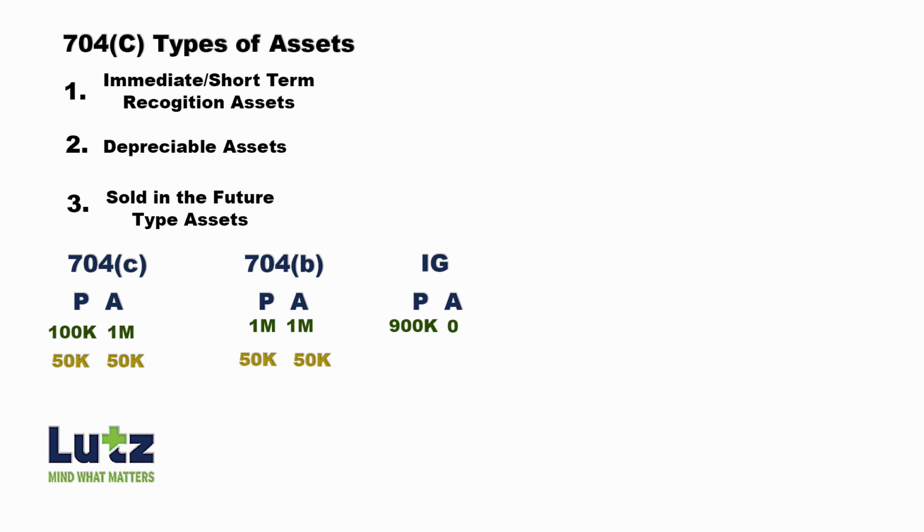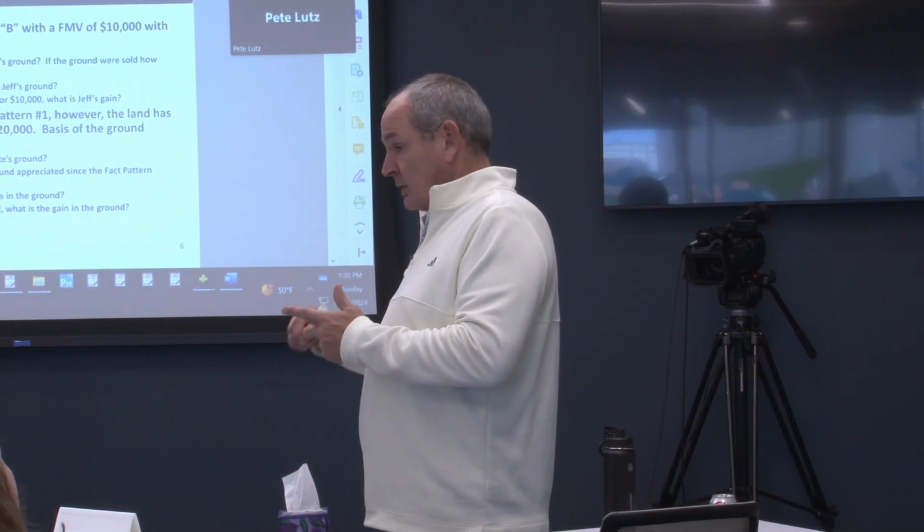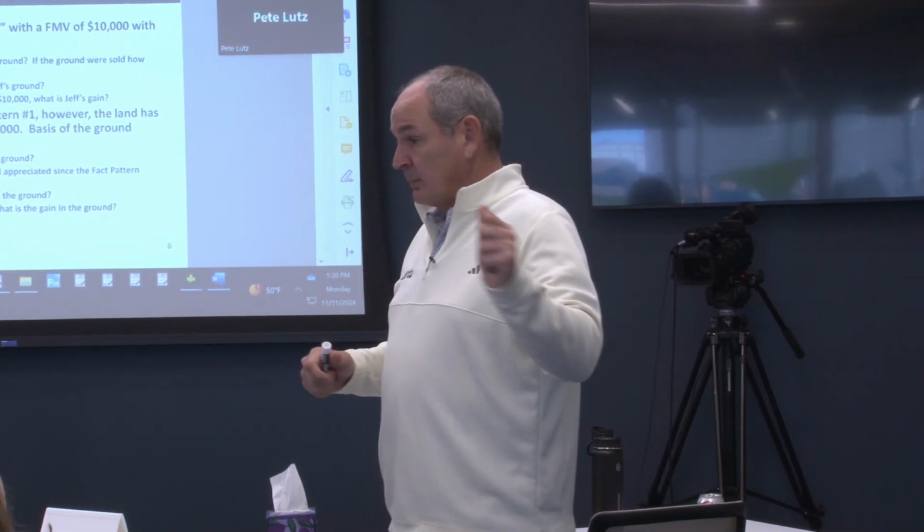Is it intuitive that Pete went to the bank and either borrowed 100,000 or pulled 100,000 out of his bank account, went and bought a piece of ground? You can wrap your head around that concept because there was an actual action that took place. Right.